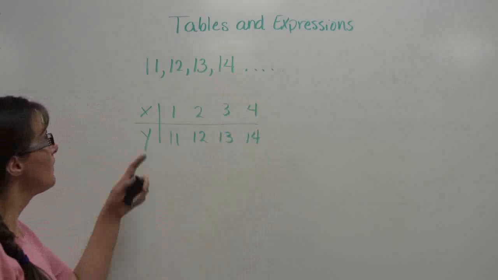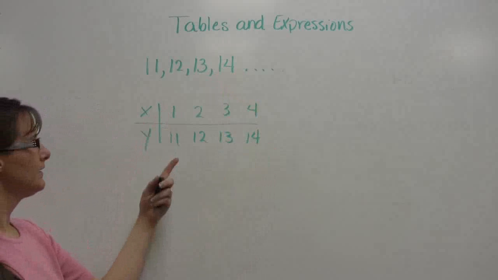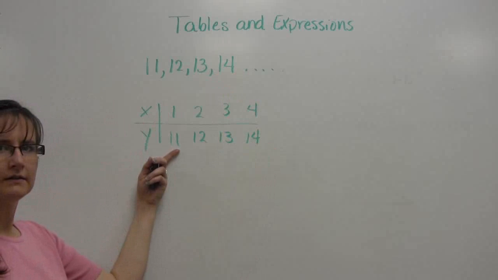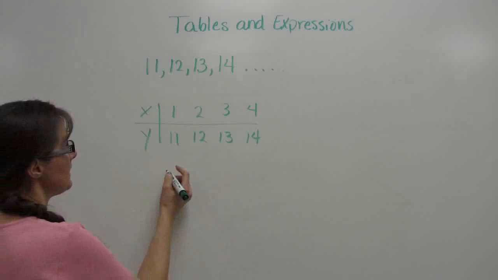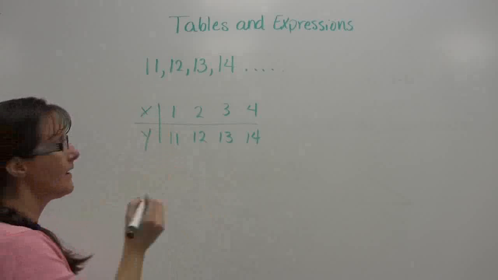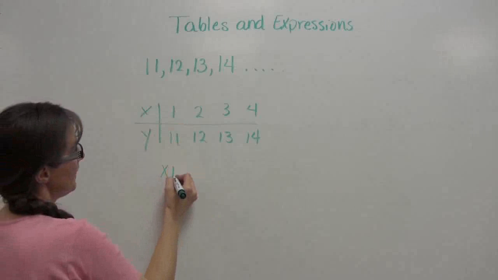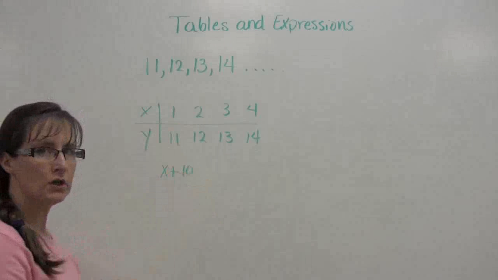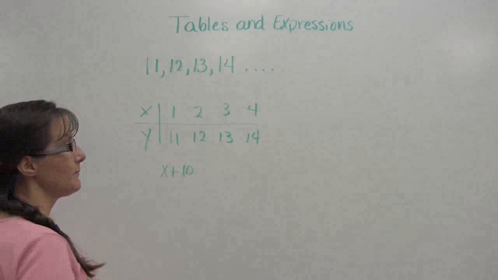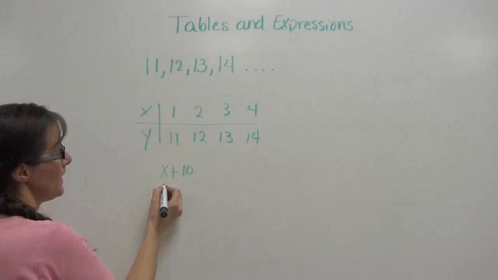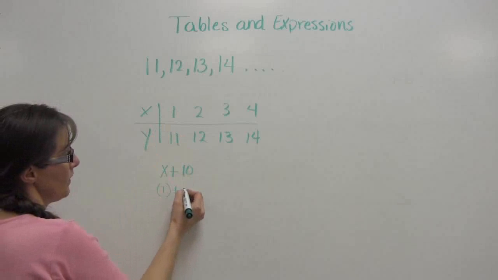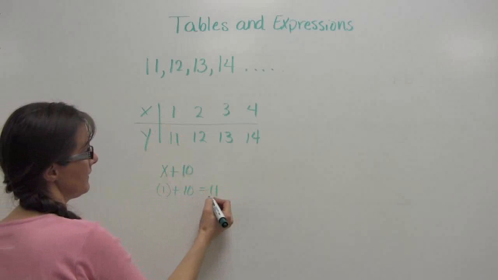So I ask myself, what did we do to 1 to get 11? Well, it looks like they could have possibly added 10. So that means that X plus 10 should give me my next term. Well, let's see. This was for position 1, and 1 plus 10 is 11.